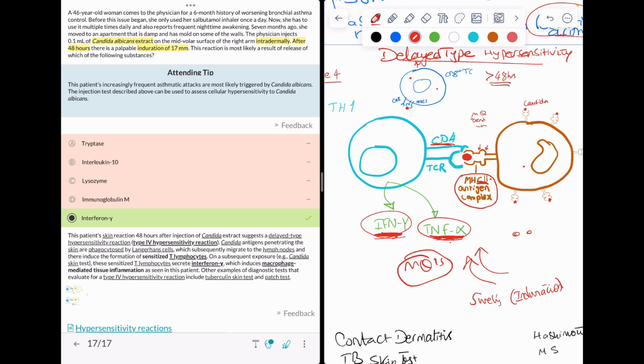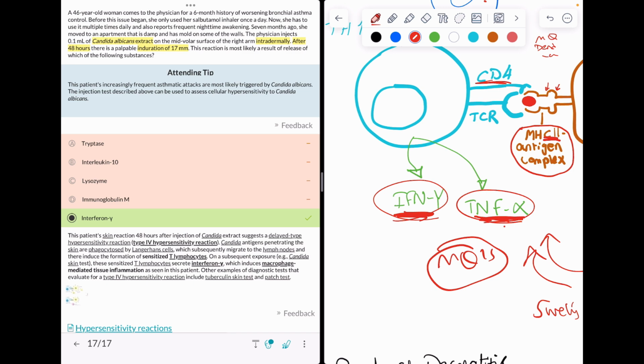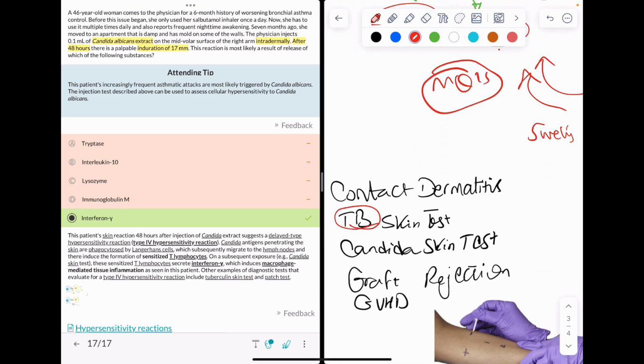What this patient has just shown is a candida skin test. Now we can also do this test with another antigen like the TB skin test if this patient has been exposed to TB, right? The tuberculin skin test. Or if this patient has some sort of allergy to nickel or some whatever substance she's wearing, or maybe skin product, and this happens 48 hours or more later, that will be called contact dermatitis or eczema, right?